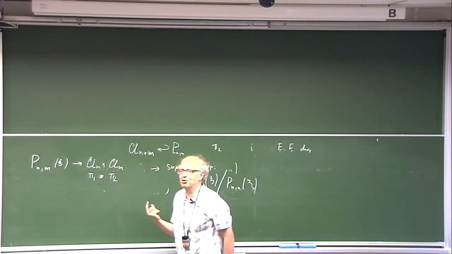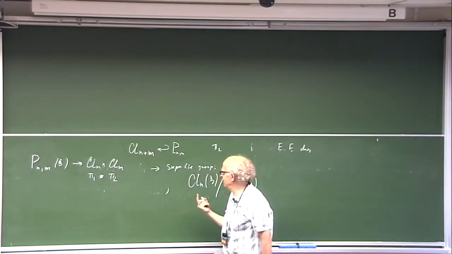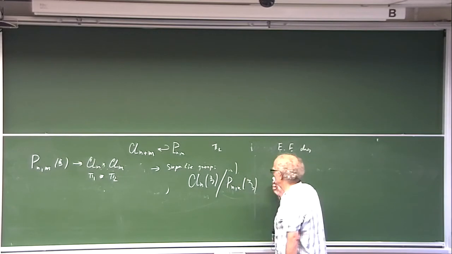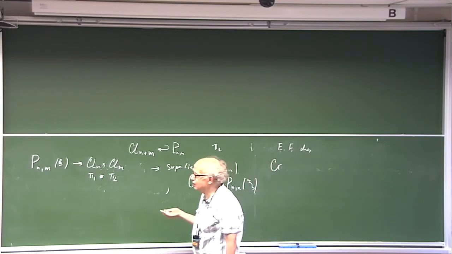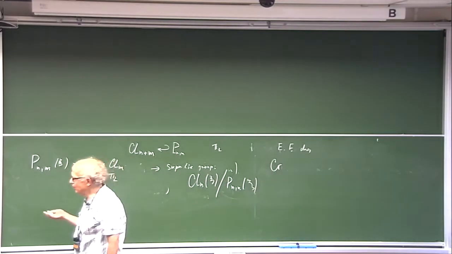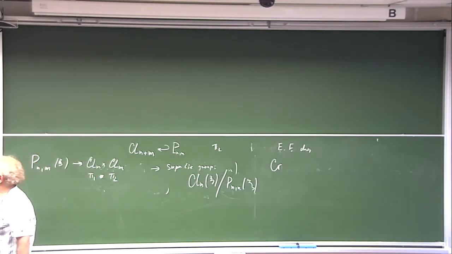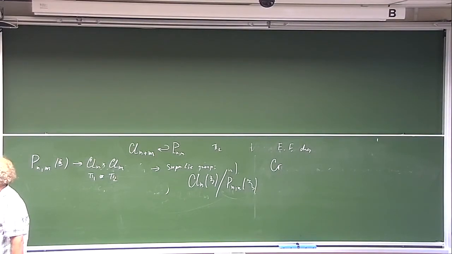If you calculate the equivariant Euler characteristic, what do you do? You have this Grassmannian manifold, and you need to calculate its equivariant character.